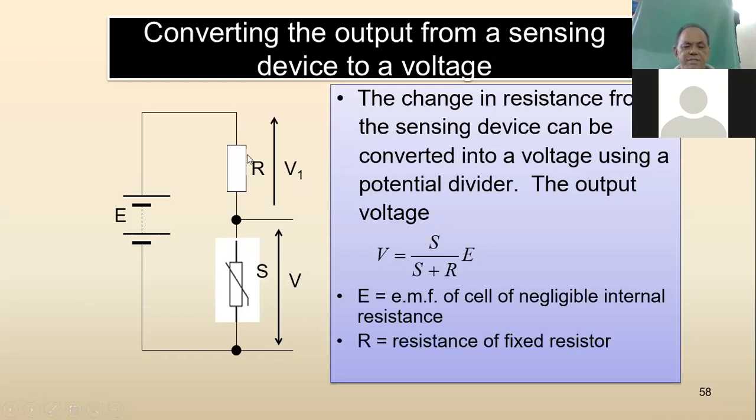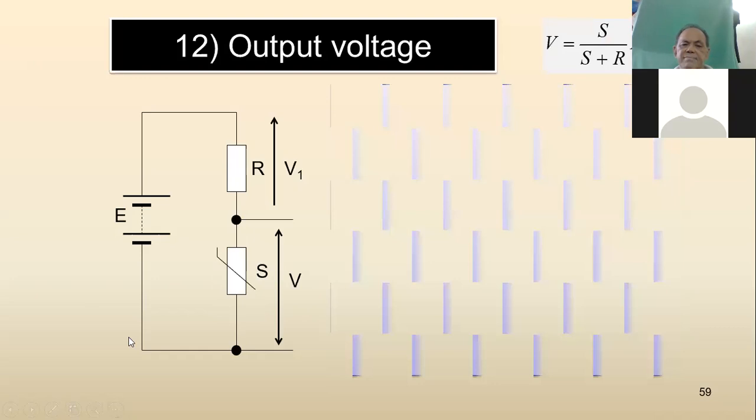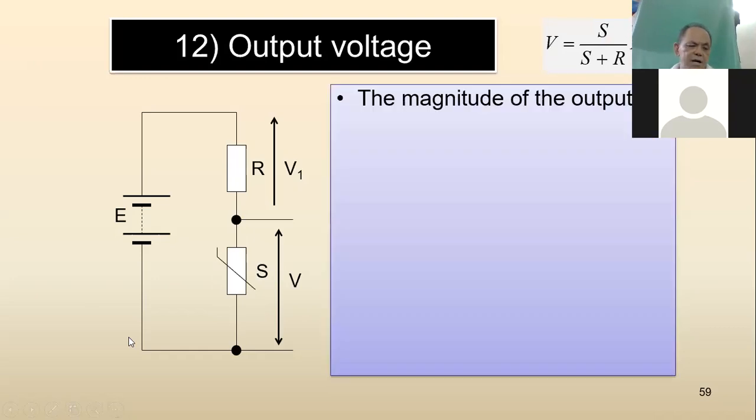R is the resistance of the fixed resistor. S is the resistance of the sensing device. The magnitude of the output voltage, that is your V, we take it across S.